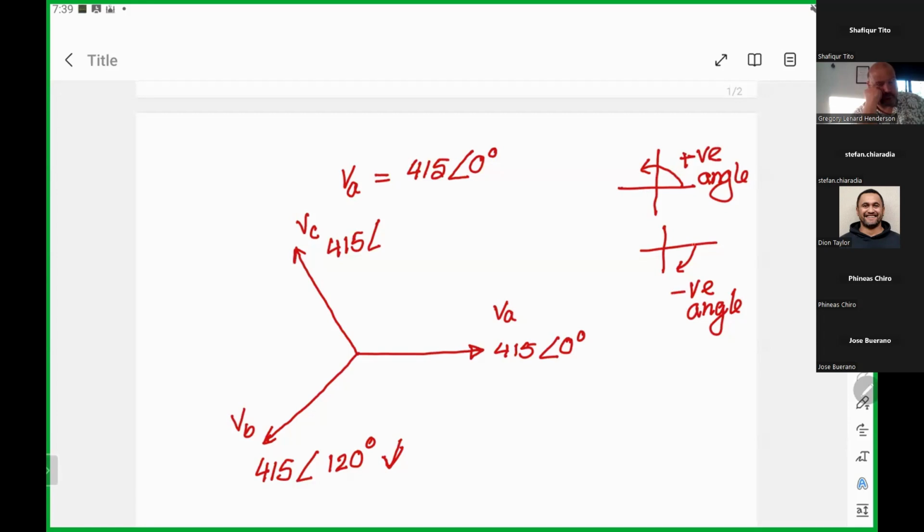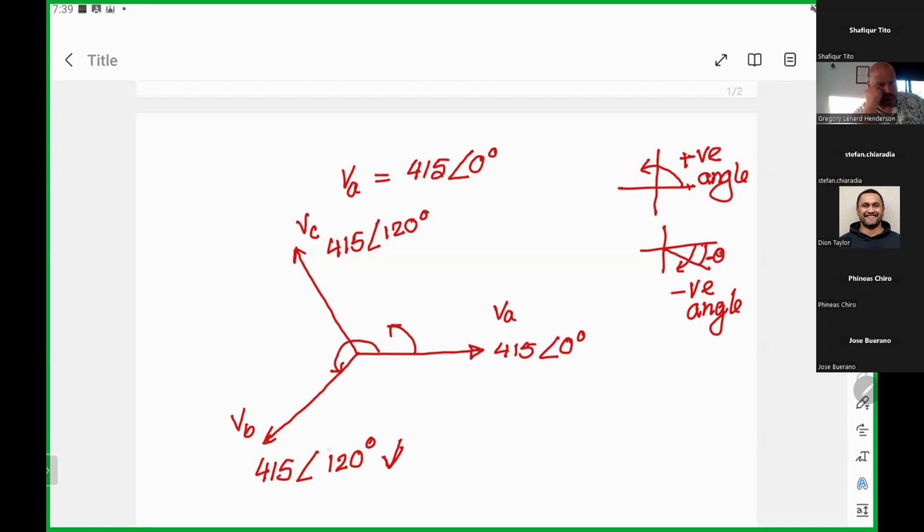If I go from here, this angle will be negative, something like minus 30, and this angle will be positive. Going in the positive direction, that will be 120, and I can move further to 240.